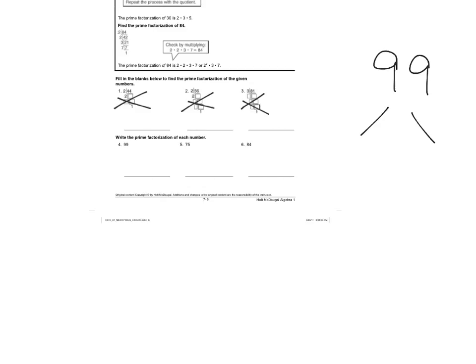Everybody could have different answers because some people could start out with 3 times 33. Somebody else might say, well, I'm going to do 9 times 11. But the bottom row will be the same because you have to keep going until it's prime. Okay? So you will have 2 factor tree questions.